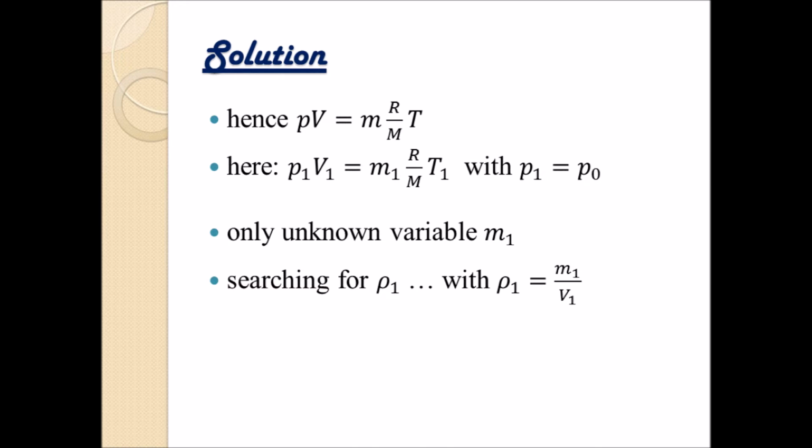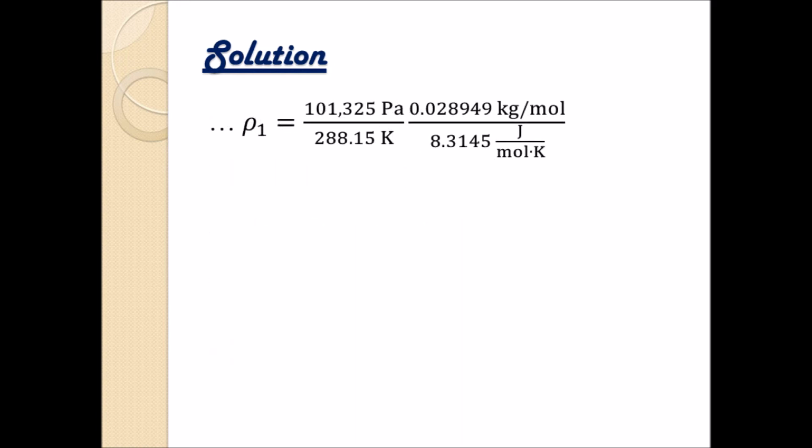And if we introduce this into our above equation, then the density ρ1 of our air equals P0 divided by T1 multiplied with M over R. And since the pressure P0 as well as the temperature T1 were given, we can just take our values. And if we take our values in their basic units, then we can just put all the values into the calculator, and what we get is that the density ρ1 equals 1.22.